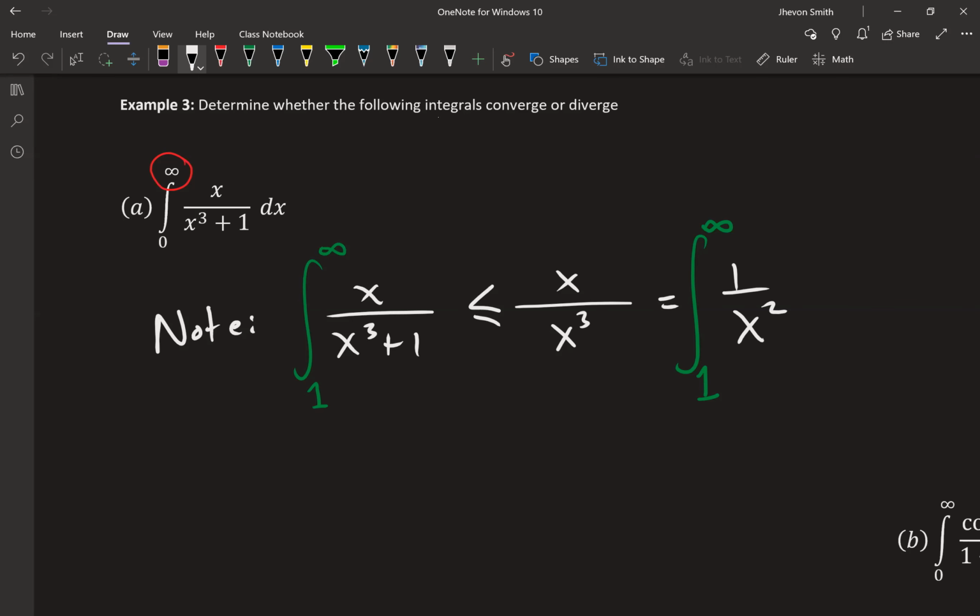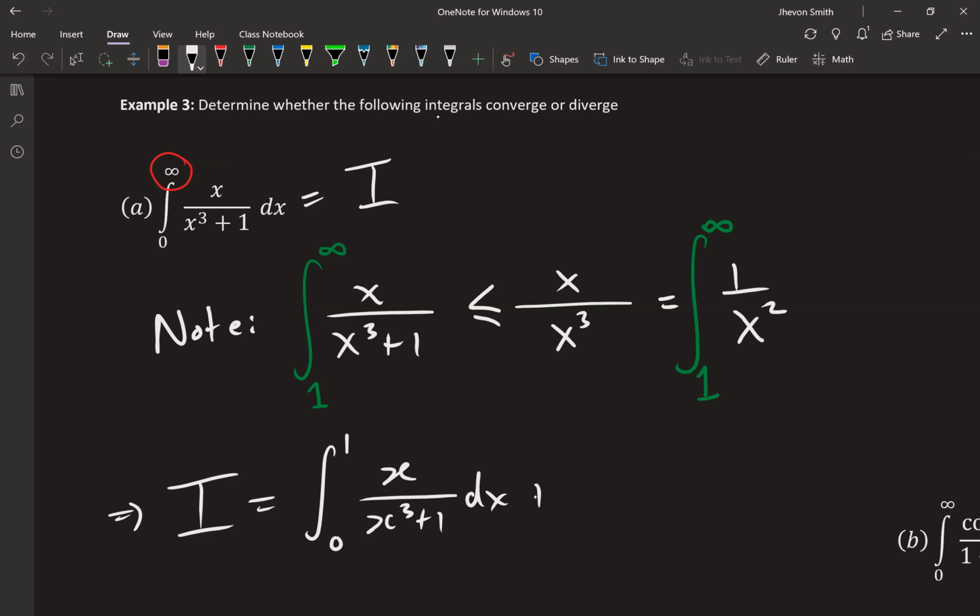Now, there was some that we did last class that you should be able to actually put together. So here's I. You can break up I into the integral from 0 to 1 plus the integral from 1 to infinity.